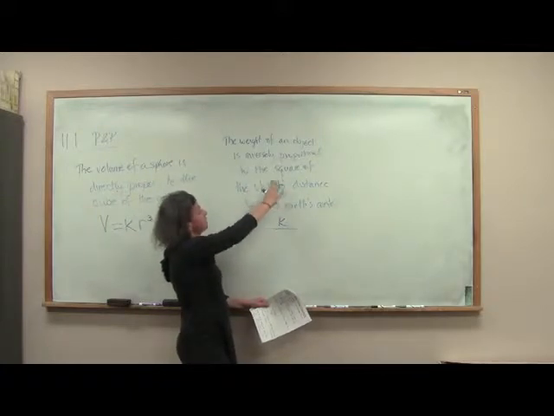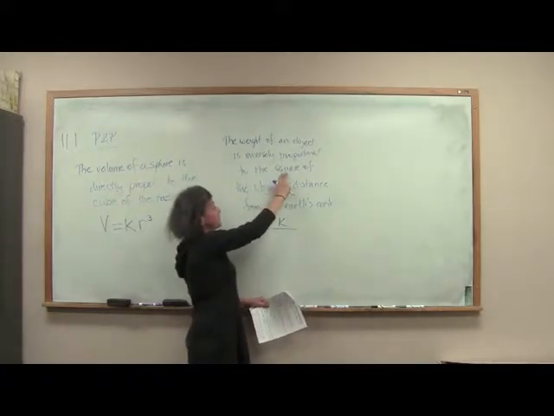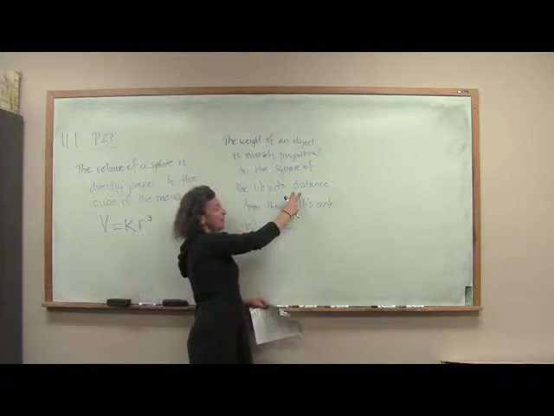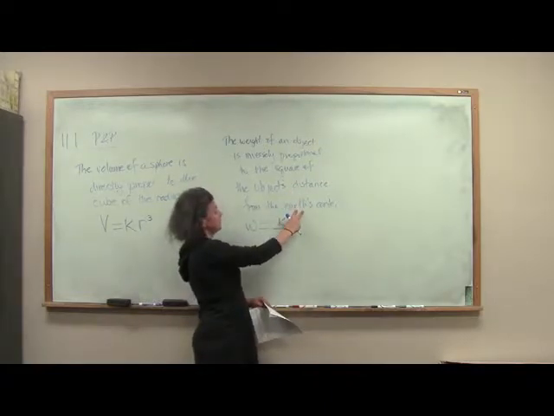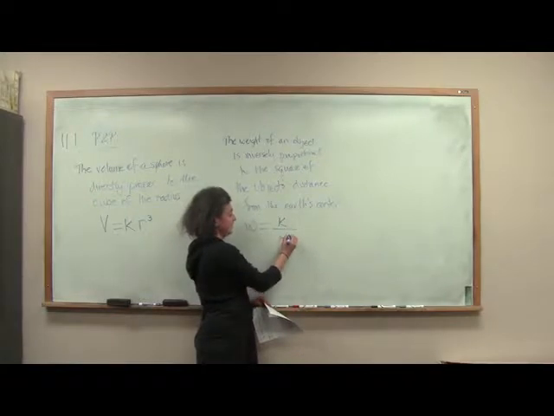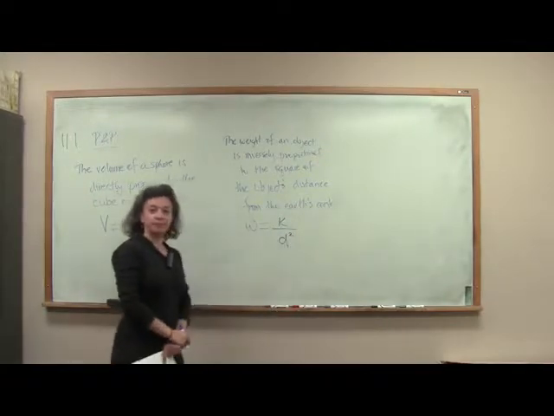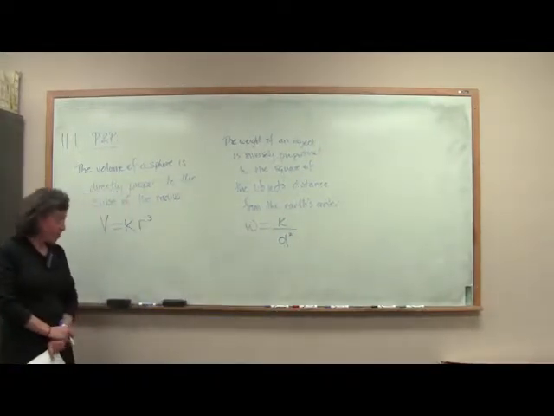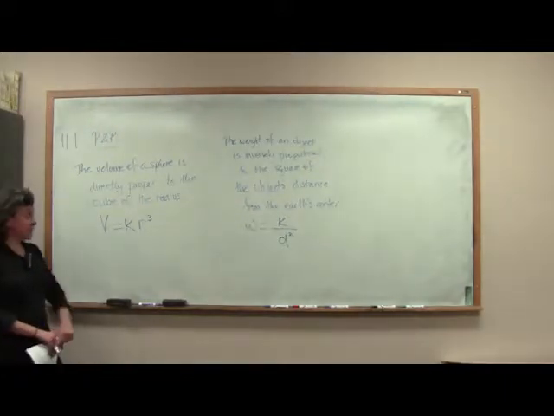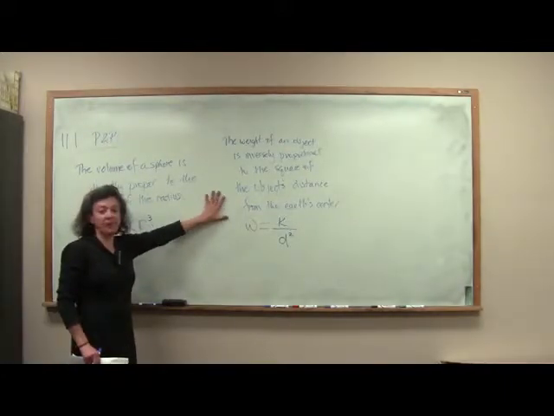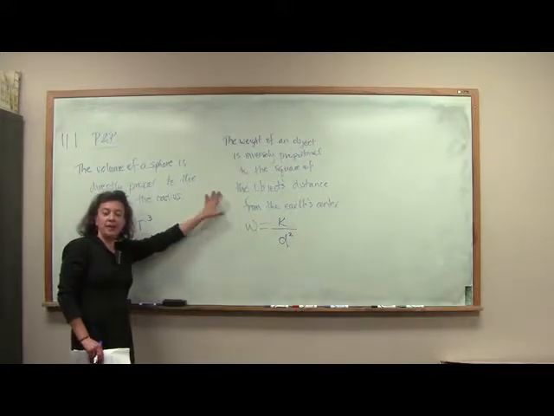And in this case, whatever this is is the square of the object's distance from the Earth's center. So if we want to call that D, we have to square it then.